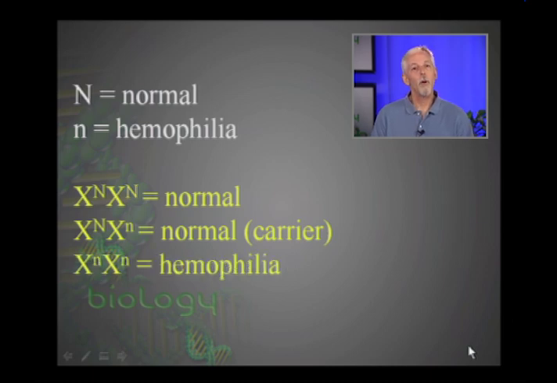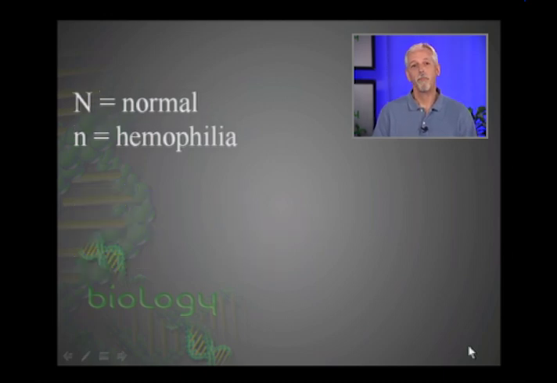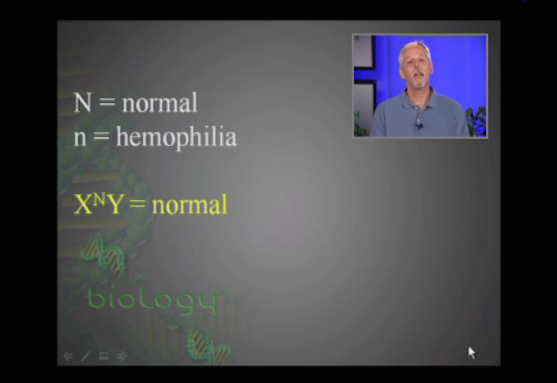And then the only way a female can show the recessive phenotype is just like any other inheritance. She would have to be homozygous recessive. So she would have to inherit two recessive alleles to show the recessive phenotype, just as in any other kind of inheritance. Now, when we compare that to males, we're looking at an XY combination.